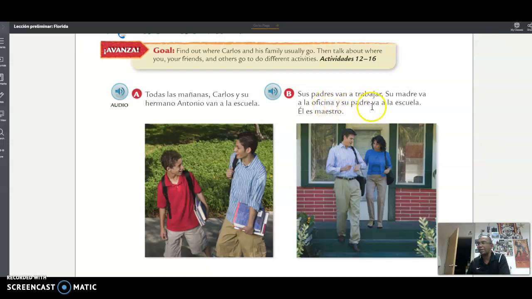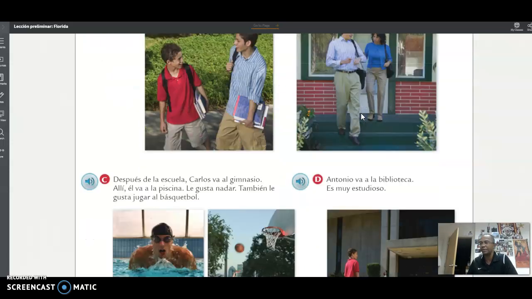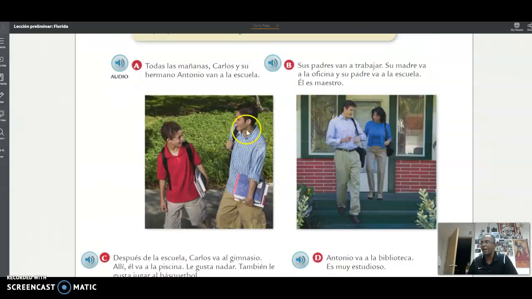Sus padres van a trabajar. Su madre va a la oficina y su padre va a la escuela. Notice how you use va, a. When you use the verb ir, there's always accompanied by the preposition a. Van a la escuela. Va a la escuela.